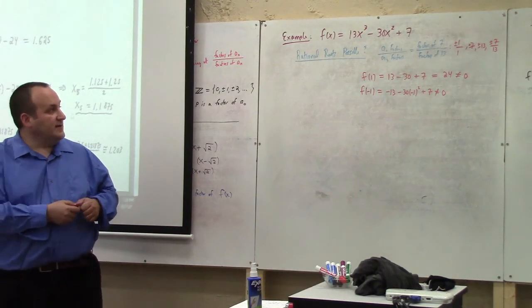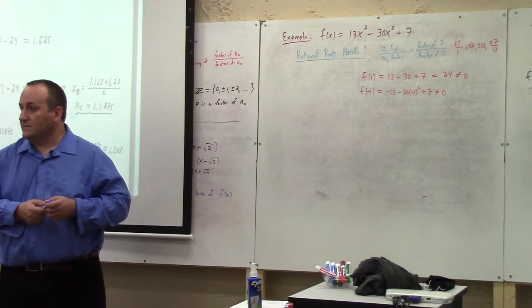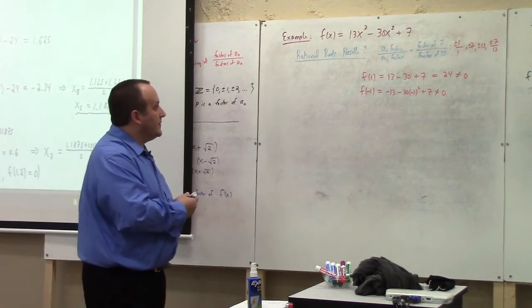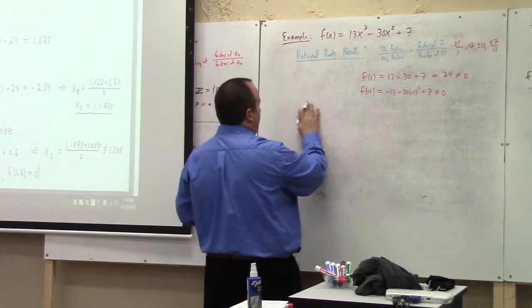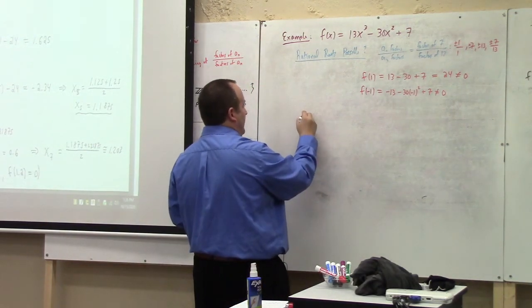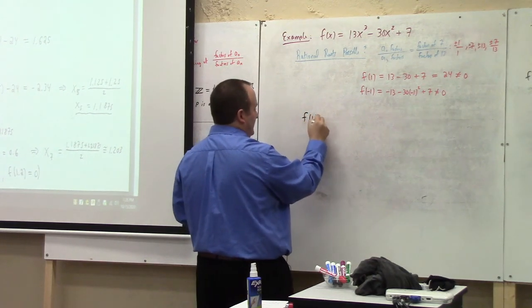So can you give me an input which will make this negative? You're working too hard. How about 1? What's f of 1 equal to?